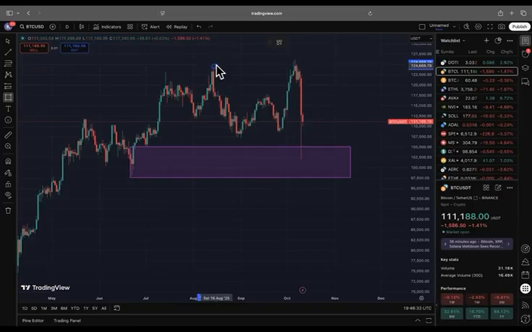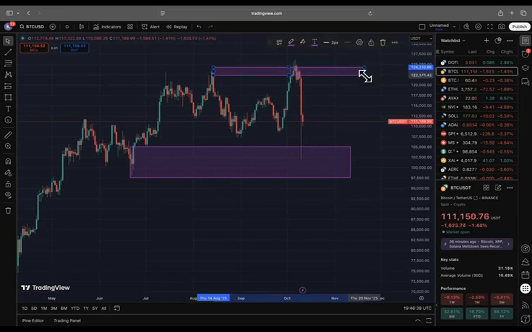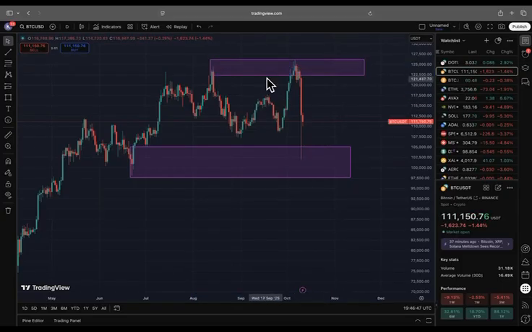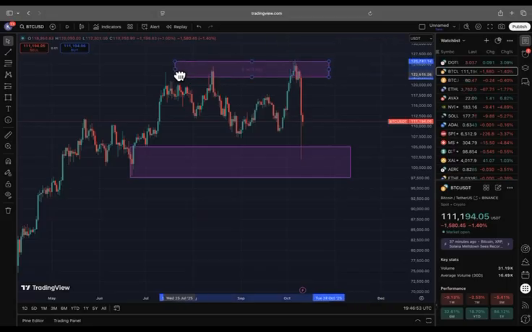Since price visited the downside, it's been trading within this range. So say that's your resistance zone, right? Let's actually push this all the way back here and make this box a little bit bigger.